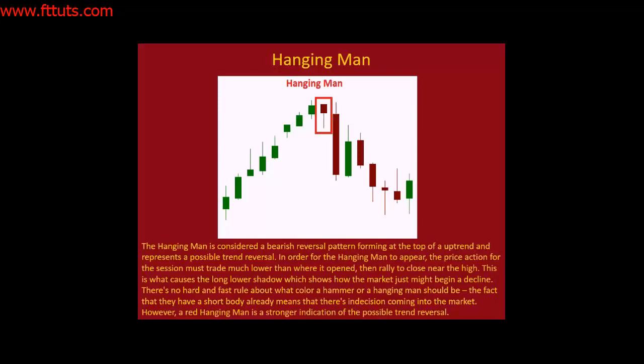This is what causes the long lower shadow, which shows how the market just might begin a decline. There's no hard and fast rule about what color a hammer or hanging man should be. The fact that they have a short body already means that there's indecision coming into the market. However, a red hanging man is a stronger indication of the possible trend reversal.